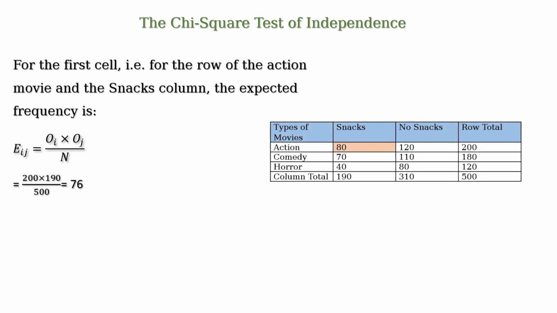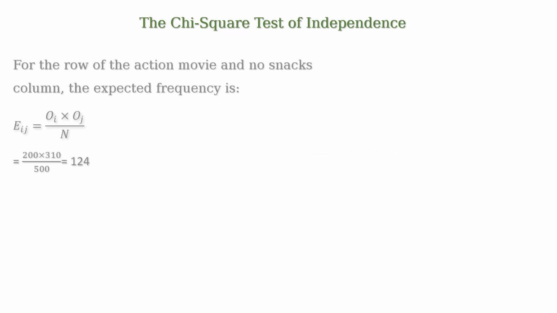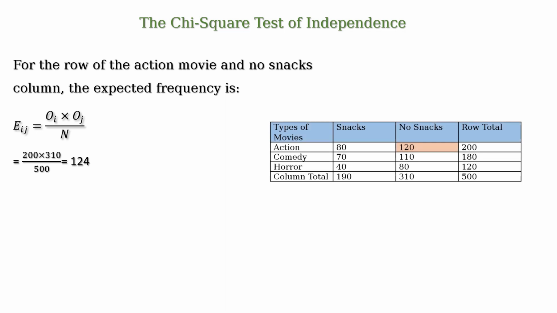So, for the first cell, that is for the row of the action movie and the snacks column, the expected frequency is Eij equal to Oi times Oj divided by N, that is 200 times 190 divided by 500, that is 76. For the row of the action movie and no snacks column, the expected frequency is Eij equal to 124 after calculation.